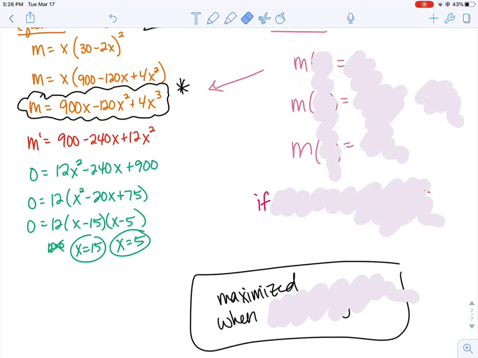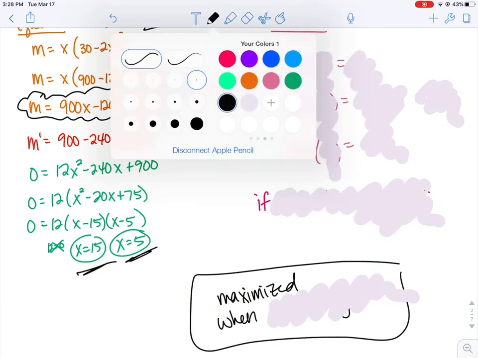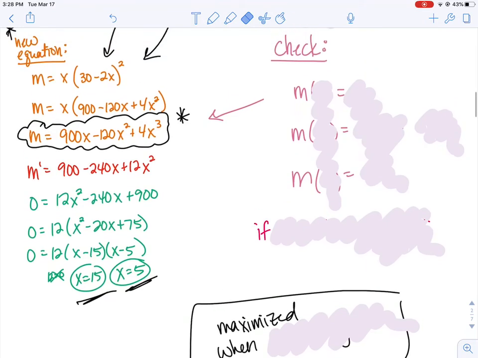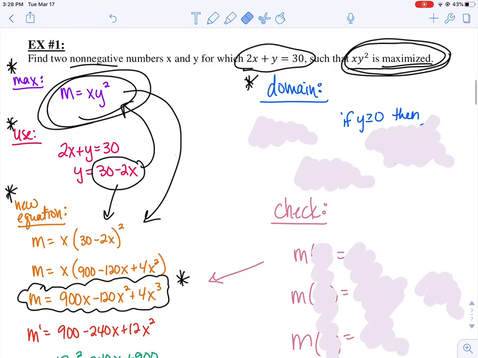I factored out a GCF of 12, and then I basic factored. I set each piece equal to 0, and I ended up getting 2 critical numbers, x equals 15 and x equals 5, right? So far, these are my 2 critical numbers that I can use to figure out which one of those is going to give me the best value. But remember, who could maybe possibly be higher or lower than my critical numbers?